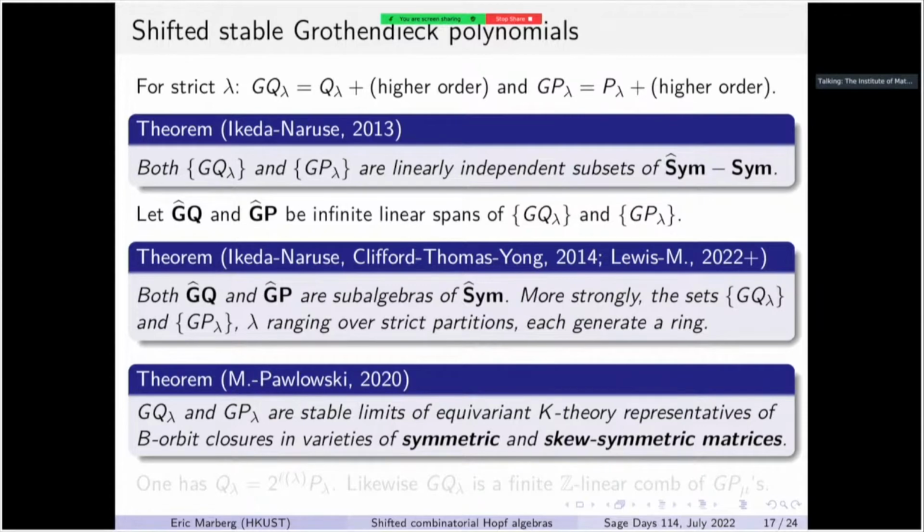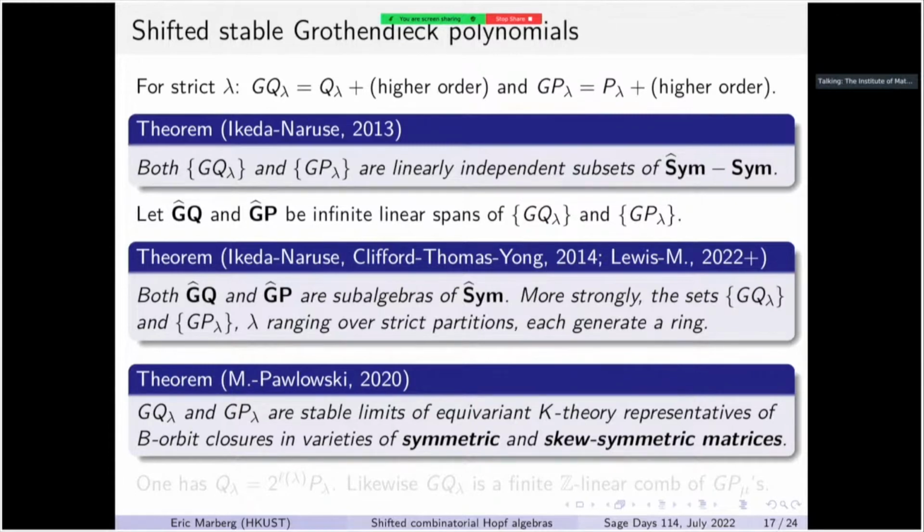The highly abbreviated discussion: the main idea is, instead of looking at two-sided B orbits on all n by n matrices, you could look at symmetric matrices or skew-symmetric matrices. Then your B group still acts, but the action is by a conjugate transposition. So X goes to B X B transpose.